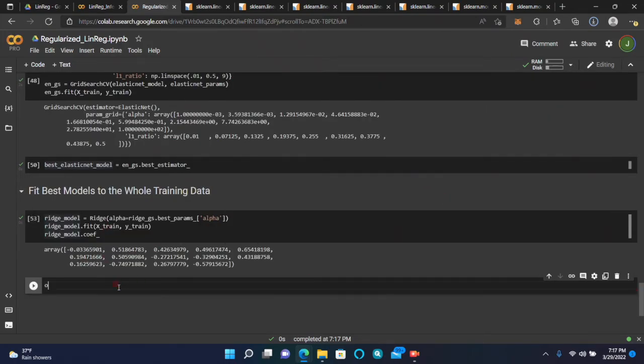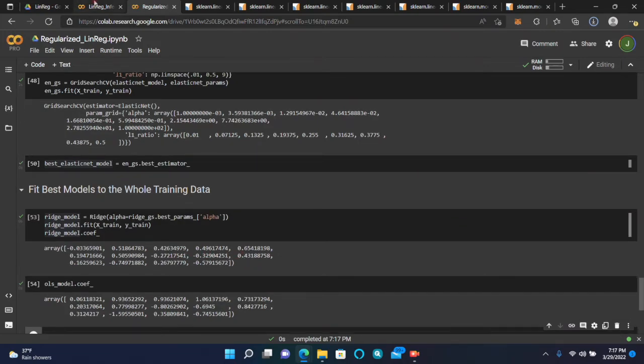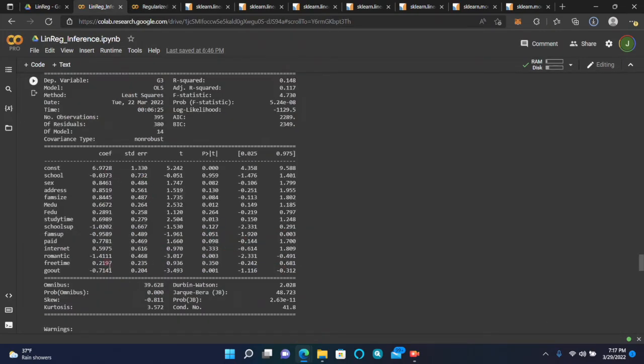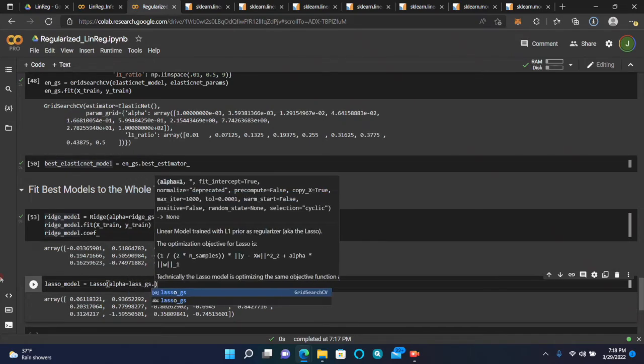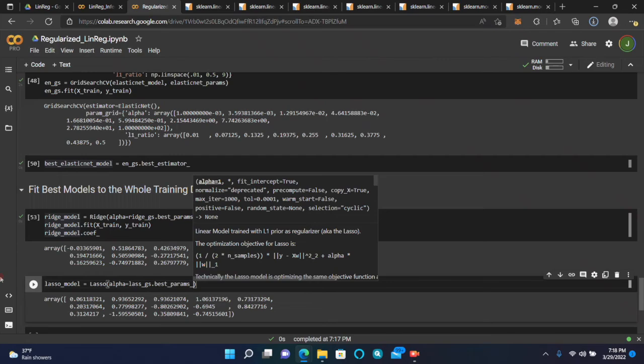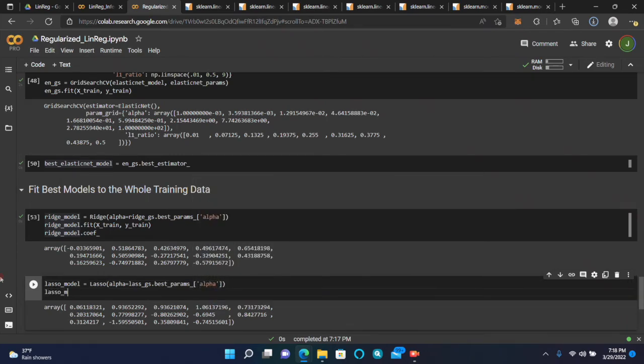Look at that, that's interesting because these are actually somewhat close to these ones, aren't they? Not bad. Okay. Now then, I want a new lasso model where the alpha is equal to this, and then I want to fit it to the entire training set.